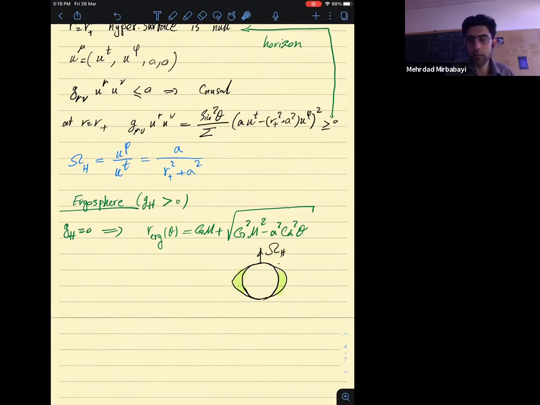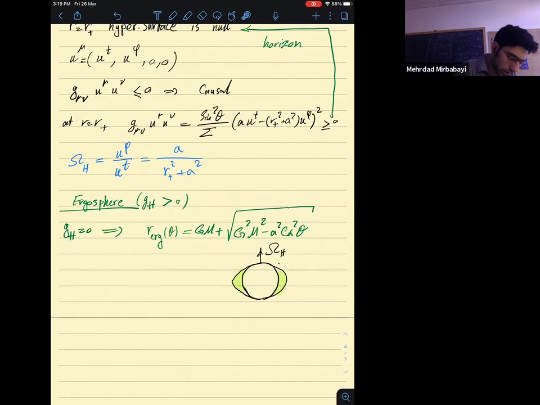Remember, I'm using a mostly plus signature, so the TT component is negative in my notation. So normally in Minkowski spacetime, this arises from the fact that the T component of the metric is negative, and every time-like object, any observer or any signal, has a non-zero UT component.